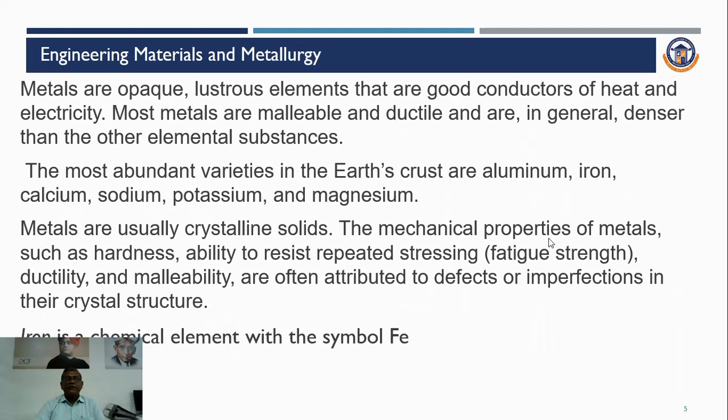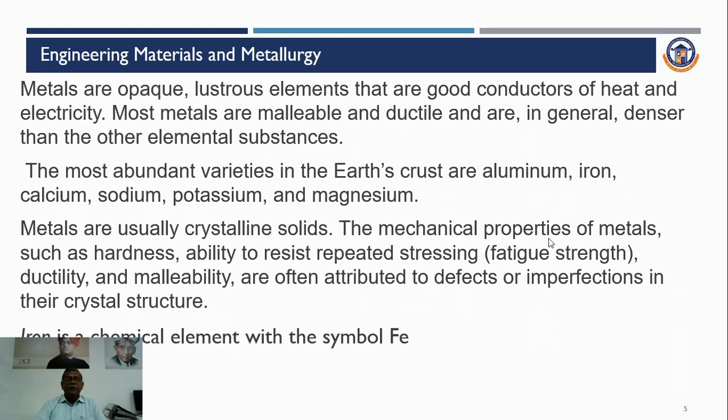The most abundant varieties in the earth's crust are aluminium, iron, calcium, sodium, potassium and magnesium. As far as mechanical engineering is concerned, we deal more with iron, and after that non-ferrous materials like aluminum, copper, etc. Metals are usually crystalline solids.